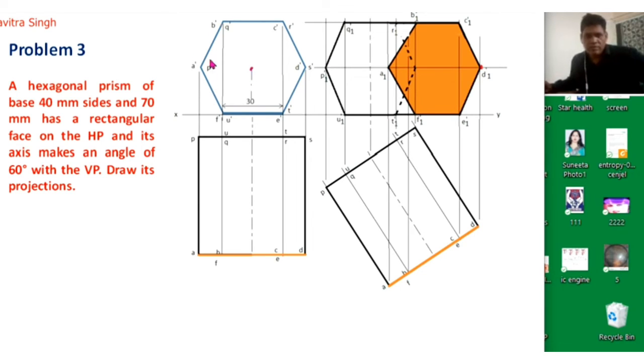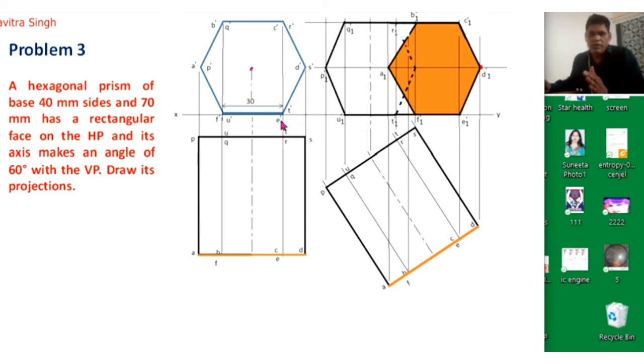hexagonal surface. So suppose this line is lying on the horizontal plane, or this line is parallel to this horizontal plane, and this hexagonal plane has its axis perpendicular to the vertical plane. That's why we can see the top view as a rectangle PQRS.